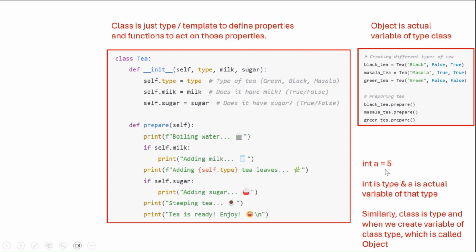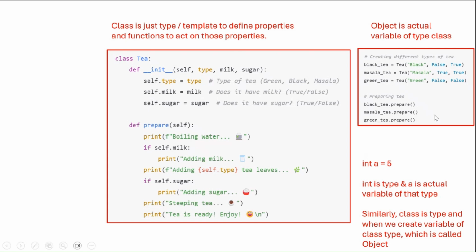For example, to understand in more detail, when we say int a equal to 5, int is a type and a is the actual variable of that type. Similarly, a class is a type, and when we create a variable of class type, it is called an object. So class and int are basically types, and a is the variable, which is like an object. Here black t is the object and T is just a class. We're creating an object of class type.